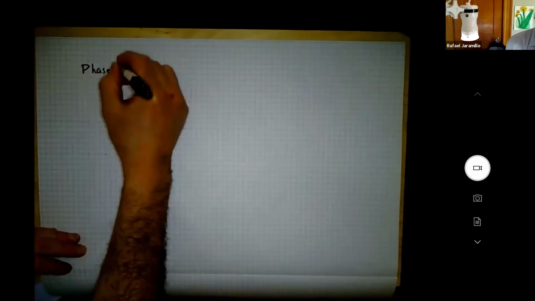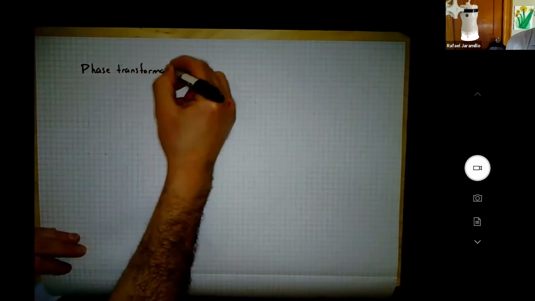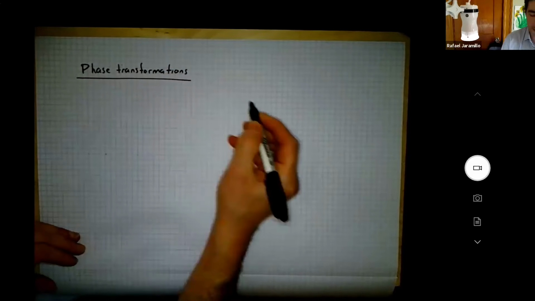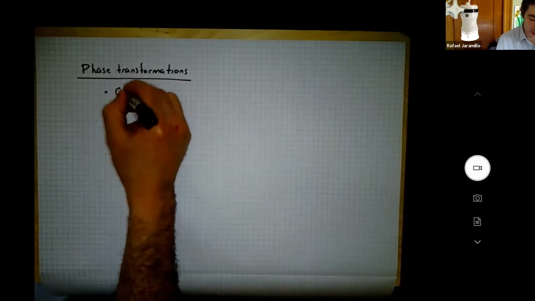All right, let's talk about phase transformations. And this is really about using data, but it also leads us into the topic we start on Friday. All right, let's consider something simple and important. Good place to start.